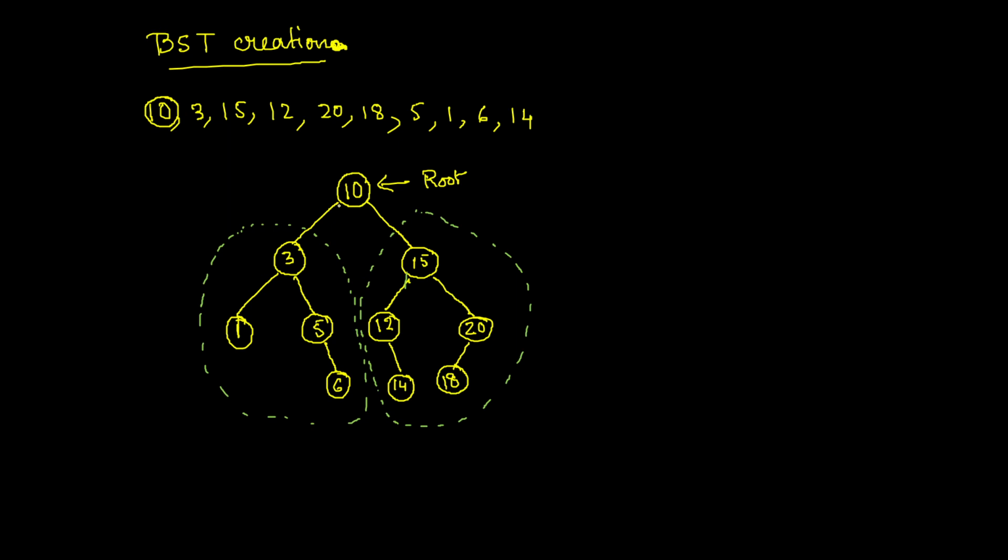So you see the relationship that left is lesser than parent, and right is greater than parent. The whole left subtree is actually lesser than parent. So left does not mean only the left node.